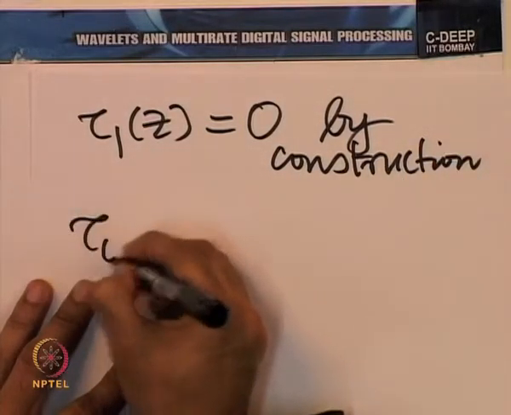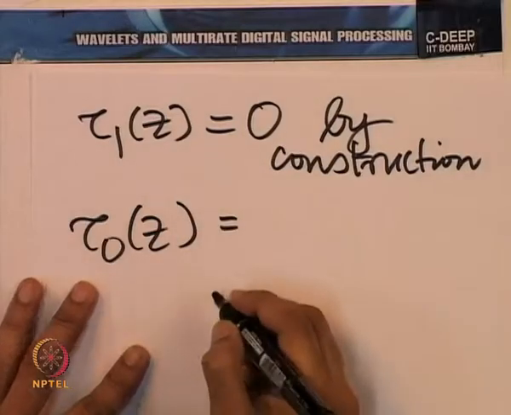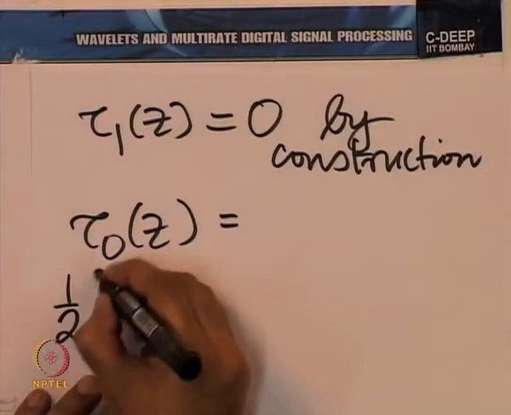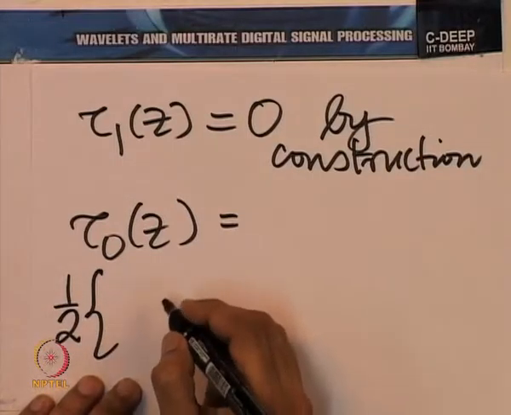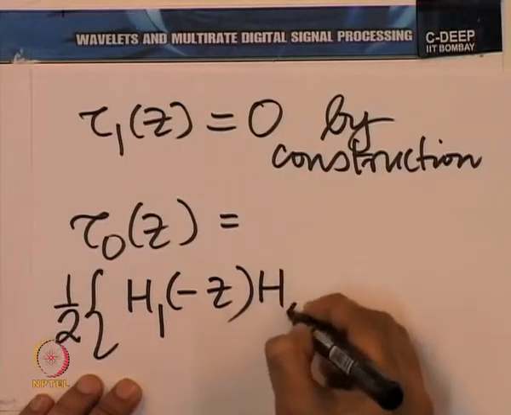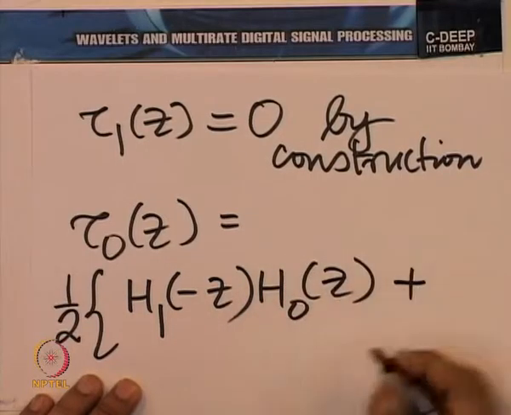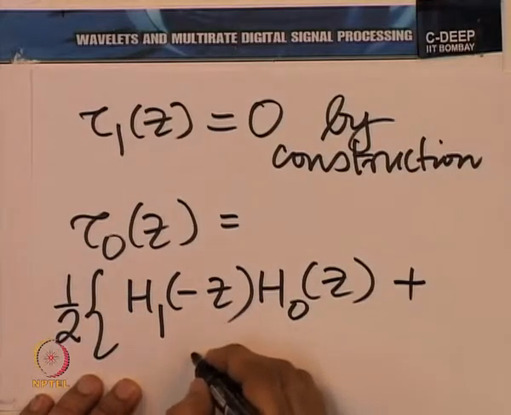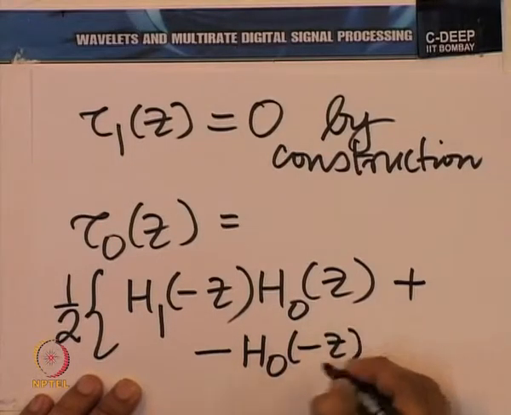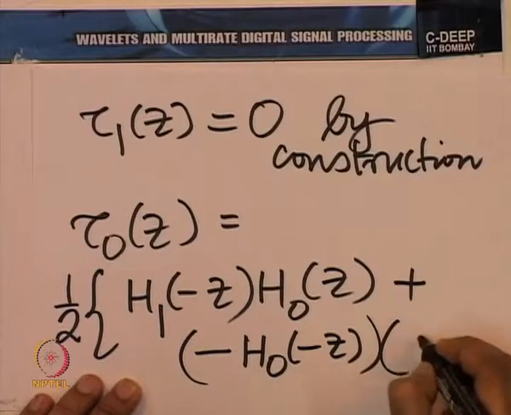But tau 0(z) takes the following form then. Tau 0(z) takes the form half G0(z), which is essentially H1(-z) times H0(z), plus minus H0(-z) times H1(z).